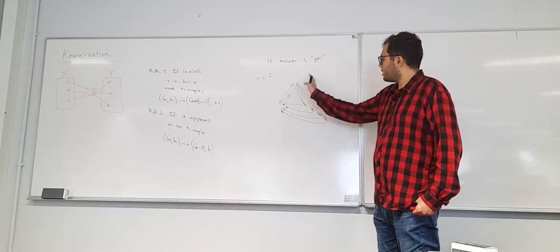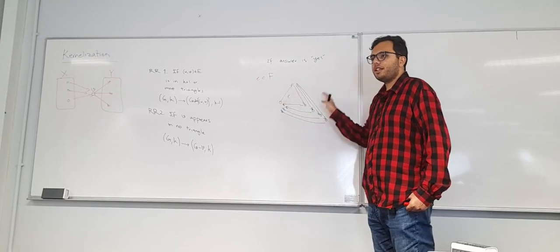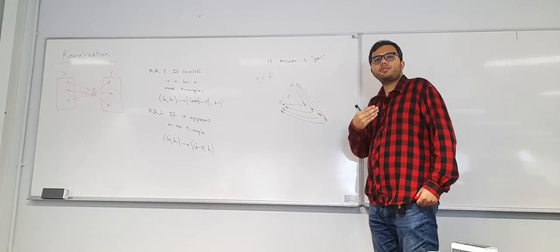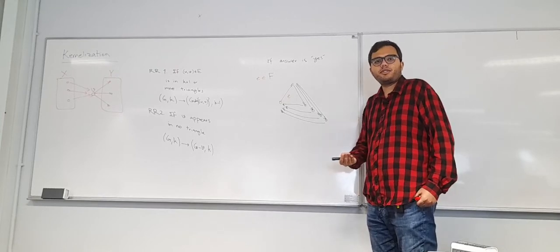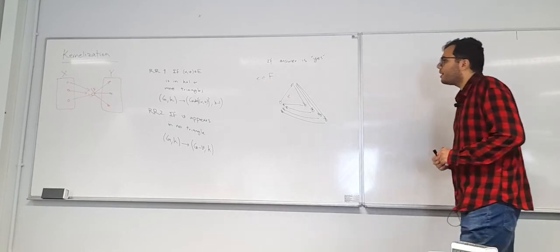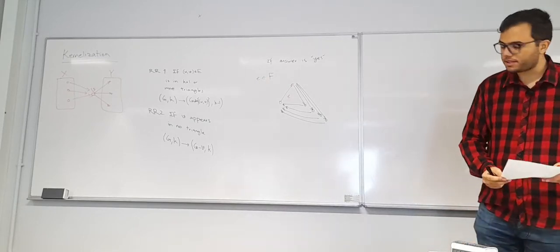If I create the same picture for every edge, I get k copies of this. So the total is at most k times (k plus 2), which is a constant factor better than 3k squared. This is one example of how kernelization works.